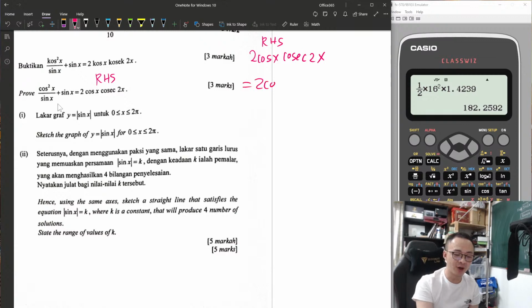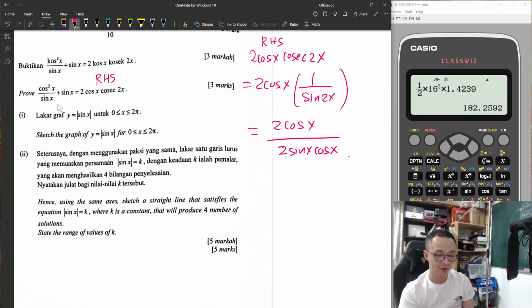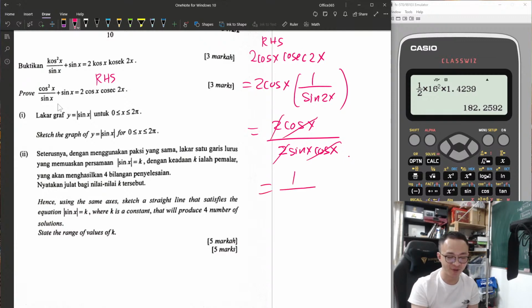This is 2 cos x. Cosecant is 1 over sine 2x. So this is 2 cos x over, sine 2x is 2 sine x cos x. Now I simplify 2 and 2, cos x and cos x, and I get 1 over sine x.